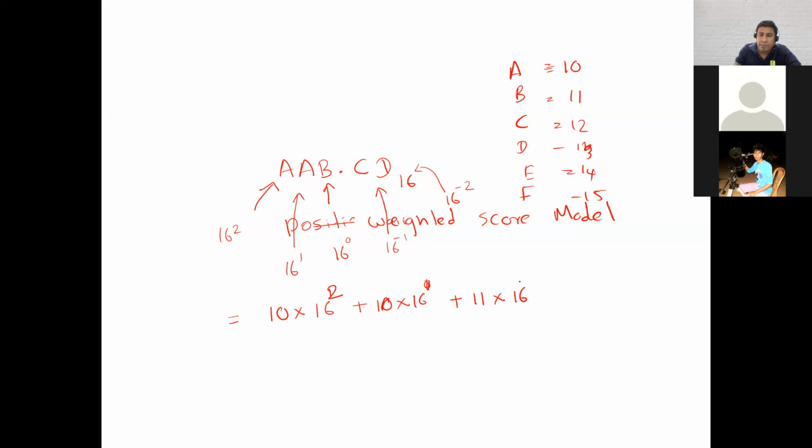This should be 1, this should be 0, plus C is equal to 12. Then, but here, please mention this should be a minus 1, 16 to minus 1, plus D is 13, 16 to minus 2. This is the evaluation of positional number system.